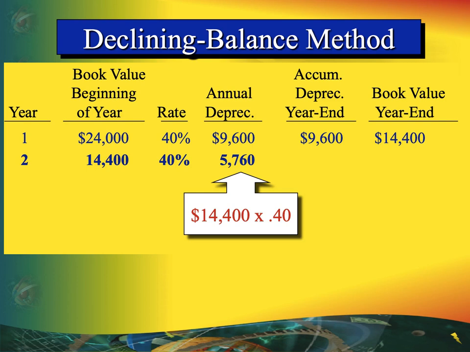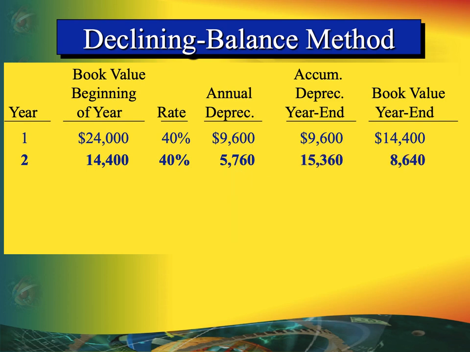For accumulated depreciation year end, you will get 15,360. How do you get that number? Simply 9,600 plus 5,760 becomes 15,360.